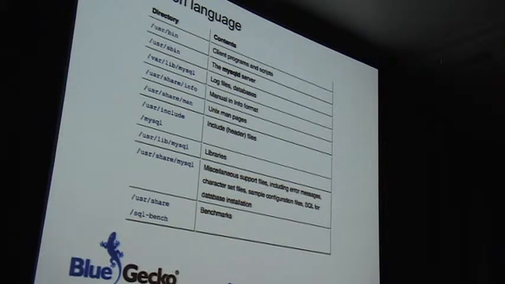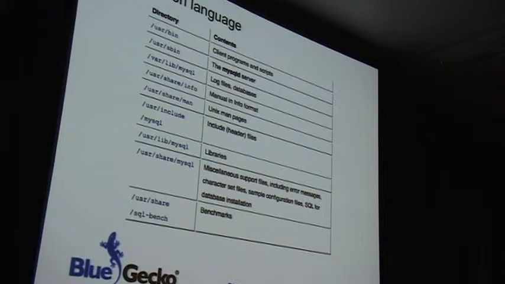My world is almost entirely Linux, so I can't really speak very well to the Windows side of the world. But I'm a big fan of the RPMs, and this allows us to give you a file system layout. You find things in /usr/bin where you'd expect to, and things in /usr/sbin where you'd expect to.